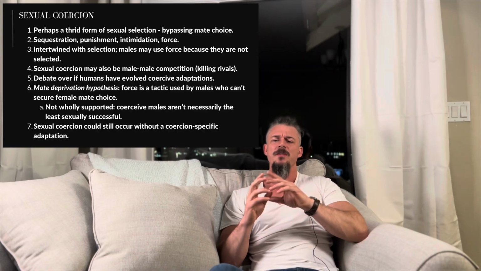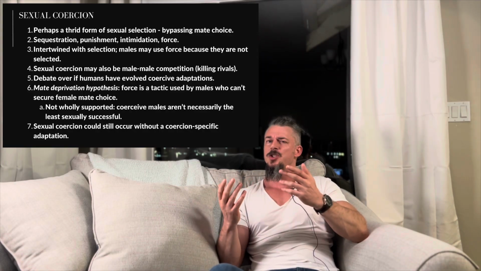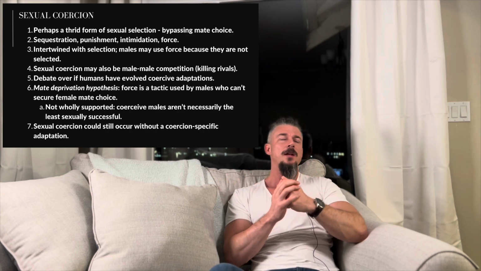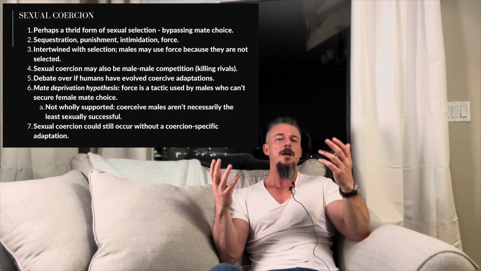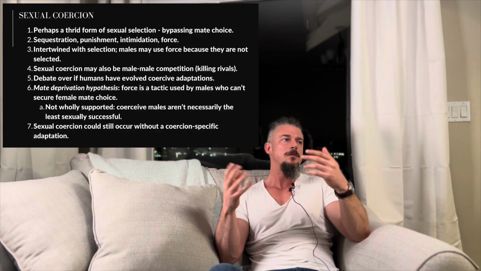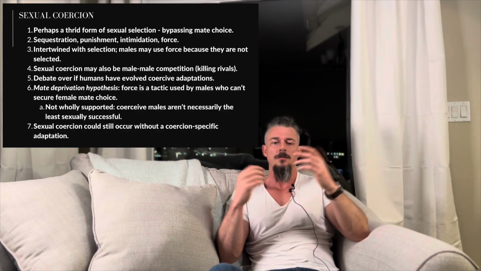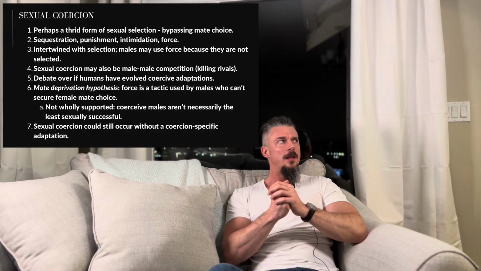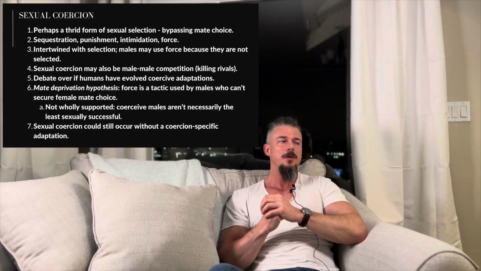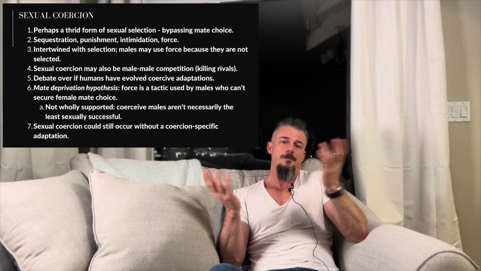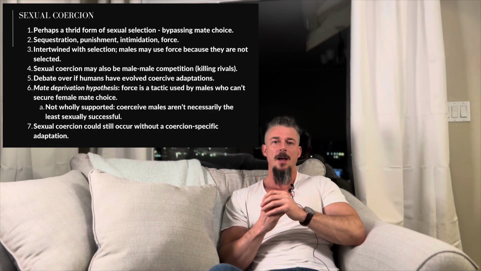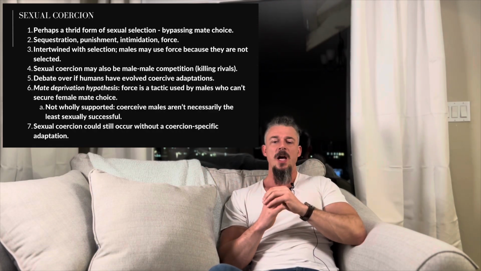There is debate over whether this is actually an evolved adaptation, right? Did we evolve an adaptation to commit the R word? There doesn't have to be an adaptation for individuals to engage in this behavior, but it's a common behavior, it happens.